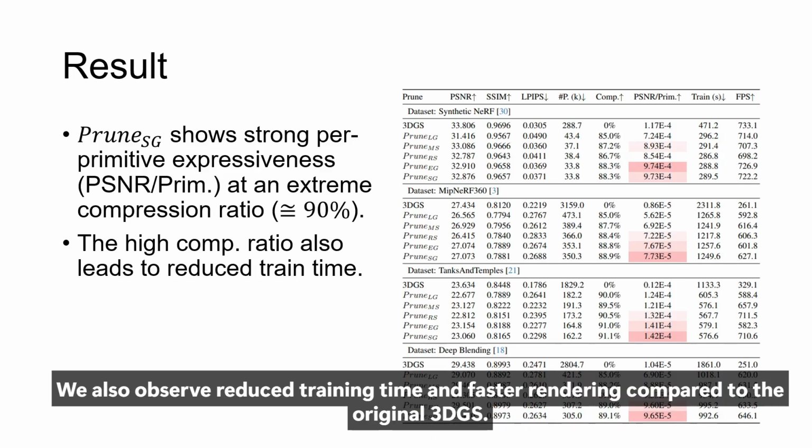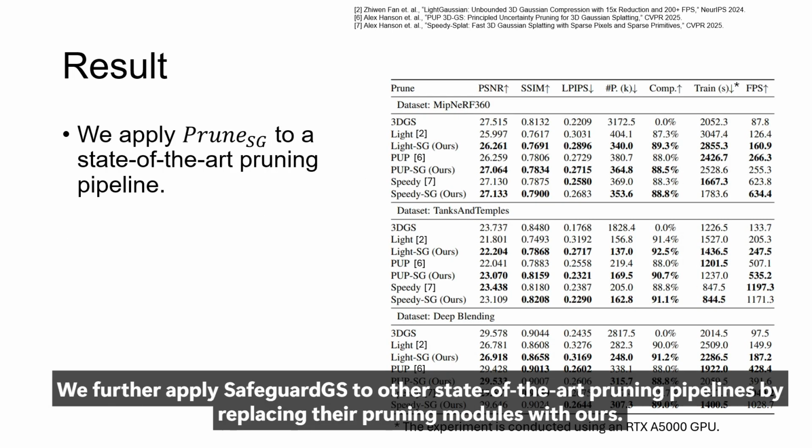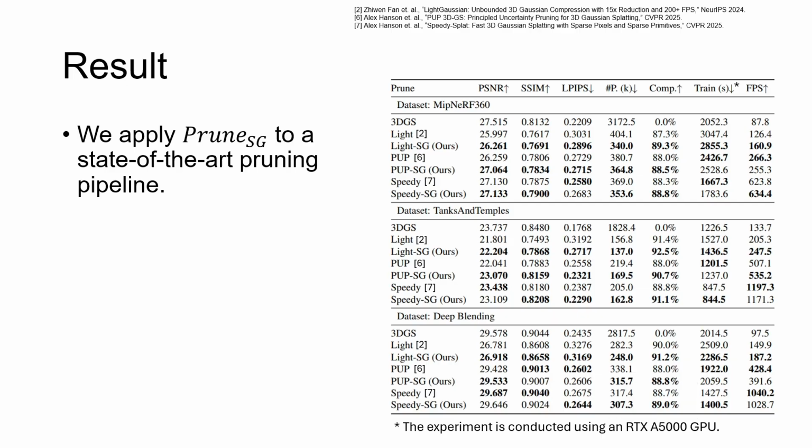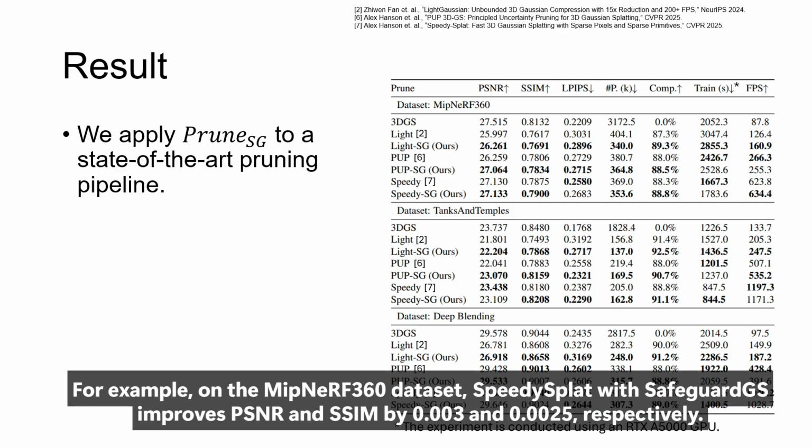We also observed reduced training time and faster rendering compared to the original 3DGS. We further apply SafeguardGS to other state-of-the-art pruning pipelines by replacing their pruning modules with ours. The results demonstrate improved pruning effectiveness. For example, on the Mip-NeRF 360 dataset, Speedy-Splat with SafeguardGS improves PSNR and SSIM by 0.003 and 0.0025, respectively.